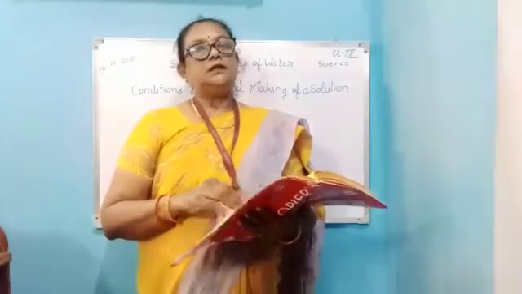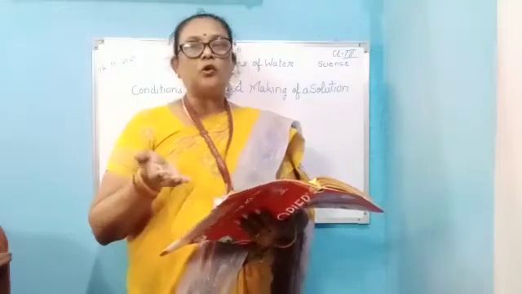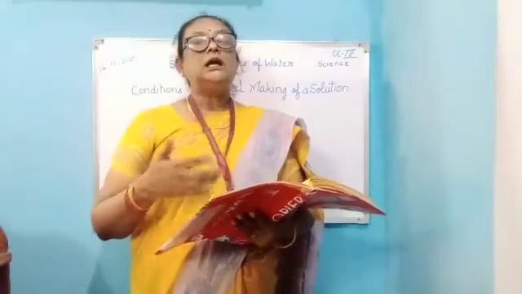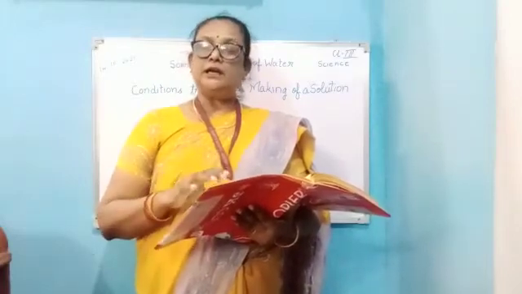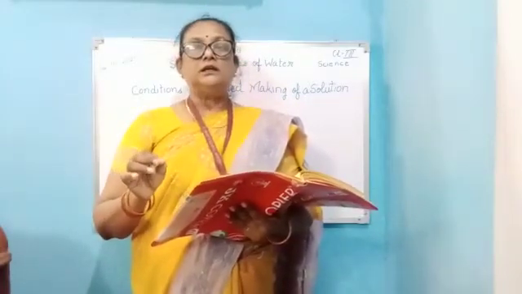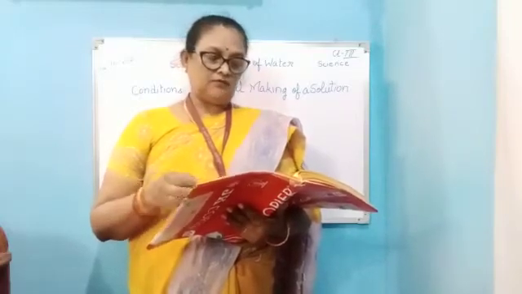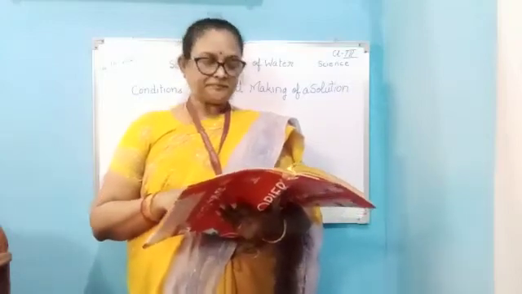Another method is to increase the quantity of water. If we take more water and put the solute in it and stir it or heat it, it will dissolve faster. So the dissolving rate will increase if we increase the quantity of water.